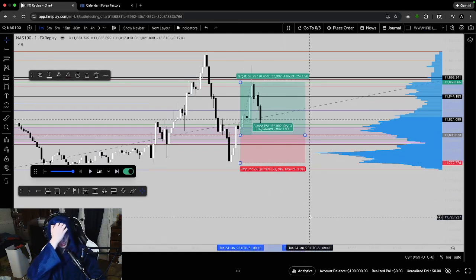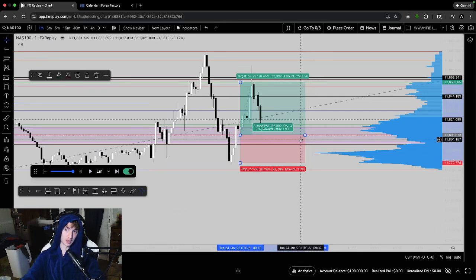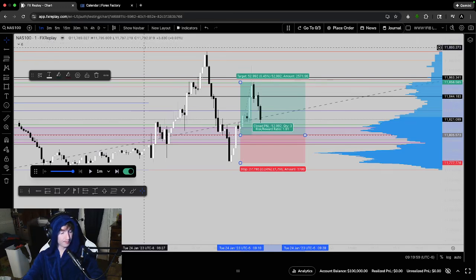Which would be a green day if we took a 30-point loss and then a 50-point win. That'd be a 20-point win, which would be approximately, if we used one mini, we took a 30-point loss, that's a $500 loss, and then we took a 50-point win, that'd be $1,000.